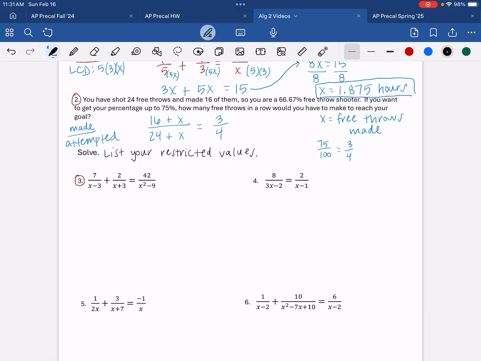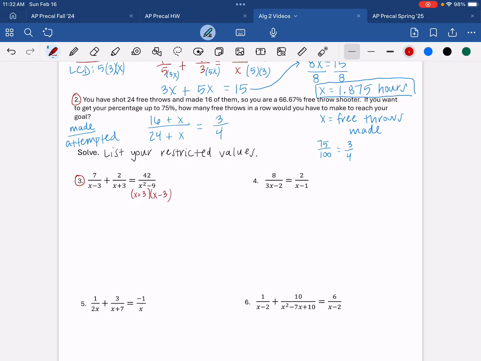But remember, when we solve, we still need a common denominator. So let's see, we have an x minus 3, an x plus 3, and then an x squared minus 9. Make sure you're always trying to factor anything squared first. So we do know that's going to come from x plus 3 and x minus 3.